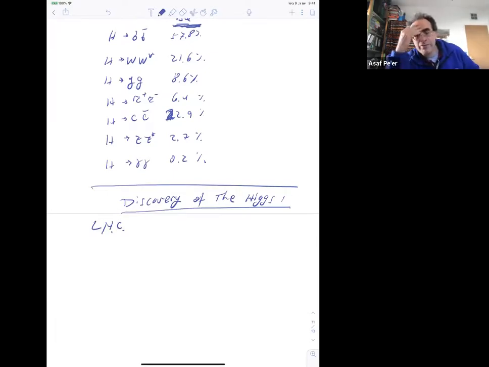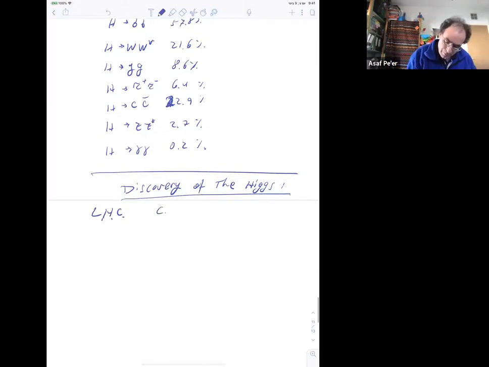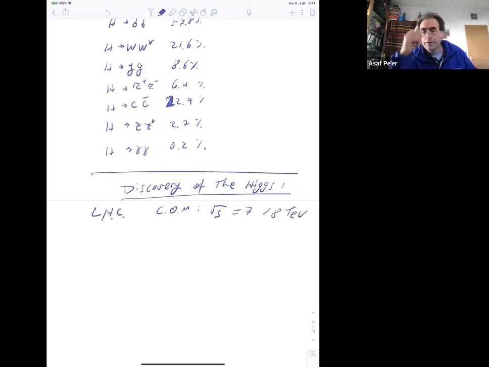It was discovered by several runs that were made in 2011 and 2012, so from the winter of 2011-2012 until the summer of 2012. The center of mass energy, square root of S, was 7 and 8 TeV in these runs.